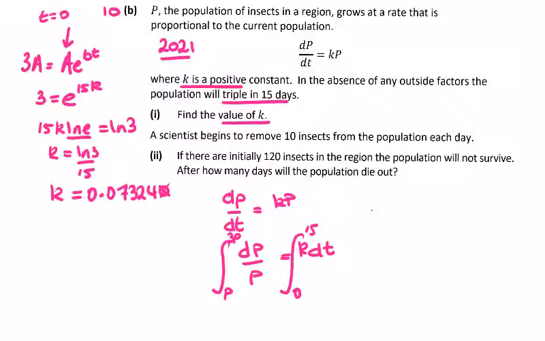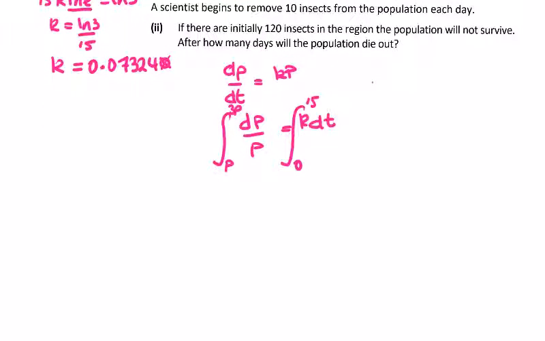If we integrate this, we're going to get the log. I use the log to the base e when I do these ones, same as natural log of p between p and 3p is equal to k times t between 0 and 15.